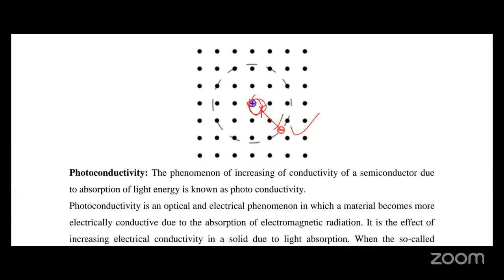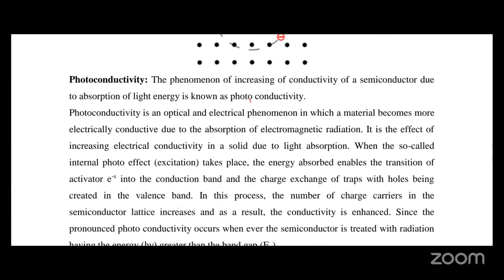Then here one more topic is there. We have to discuss photoconductivity. What is meant by photoconductivity? It is simple; we can understand that easily. It is the phenomenon of increasing conductivity of a semiconductor due to absorption of light radiation. So we have a semiconductor whose conductance will increase with the help of light radiation.